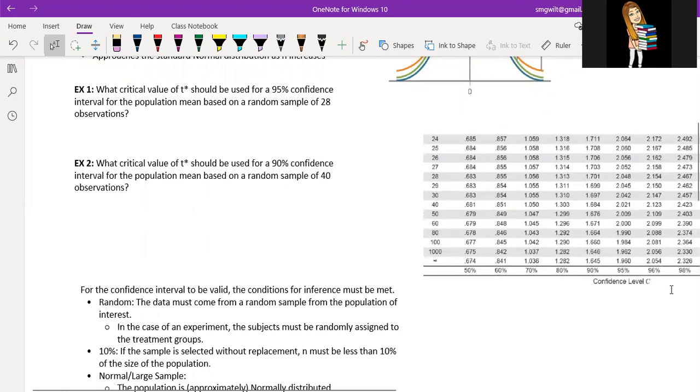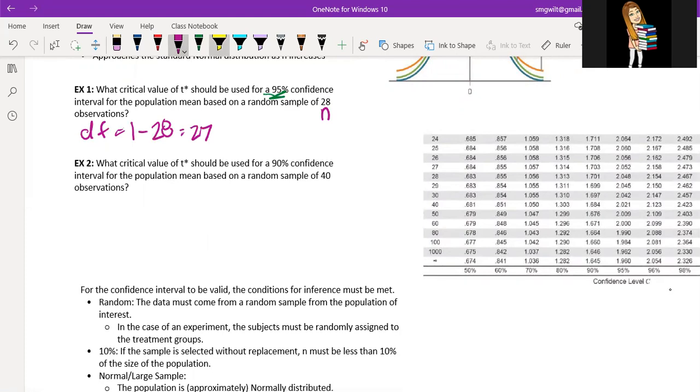If I'm looking for t star for a 95% confidence interval for the population mean based on a random sample of 28 observations, I'm going to calculate degrees of freedom by doing n minus 1, which is 28 minus 1, and that gives us a value of 27. So I'm looking for 27 here and 95.